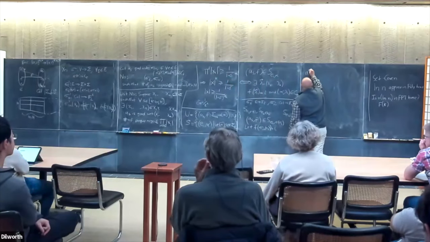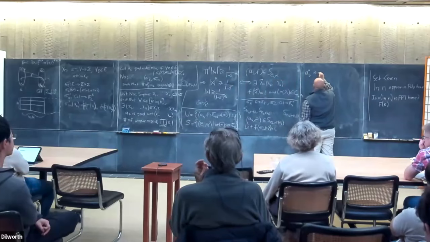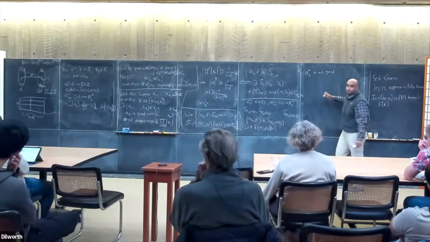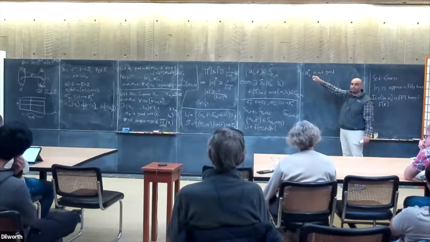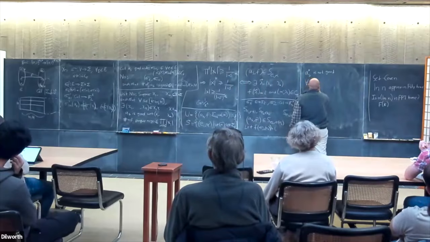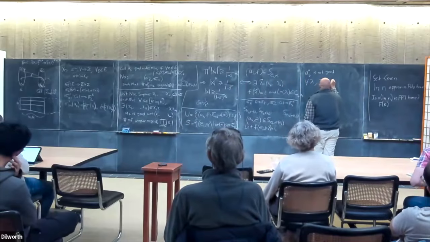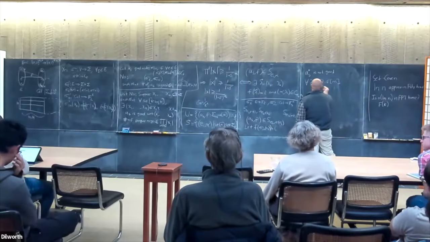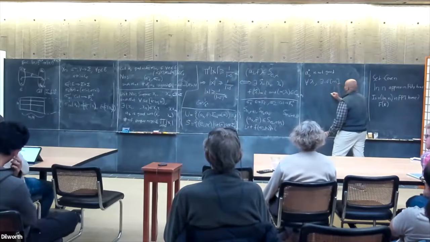So let's say A star S is not good. What does that mean? It means that for every label, there is some constraint that fails. That is, for all lambda, there exists an i such that the constraint is violated.